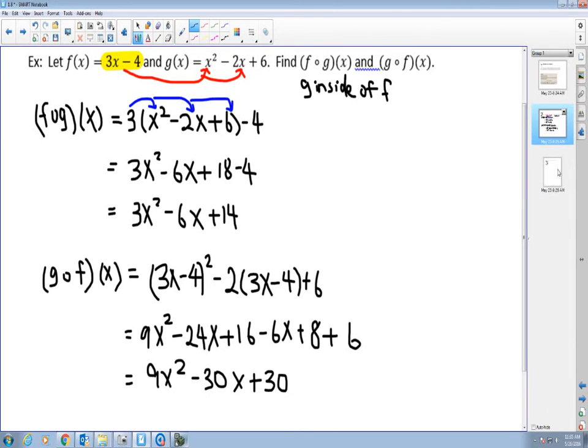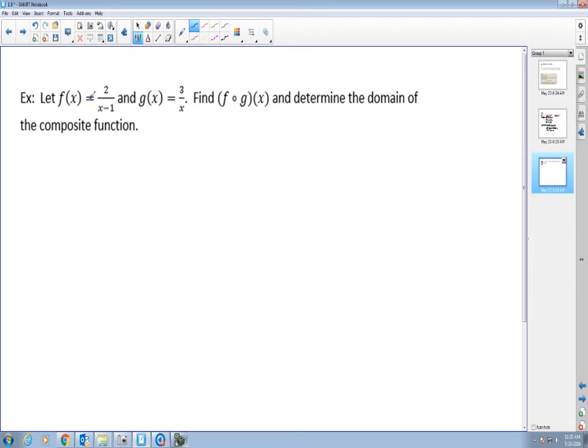Now I'm going to try one with rational functions. I'm going to find a domain too at the very end of this problem. Alright, so let's see. I'm going to do f of g. Take the function g, put it into function f. Take this 3 over x, substitute for that x right there.